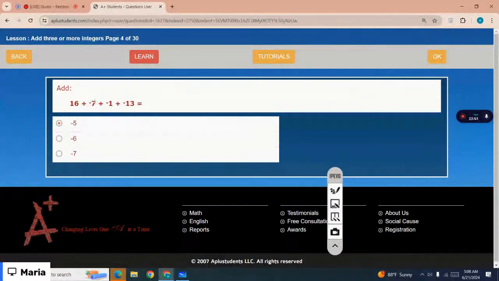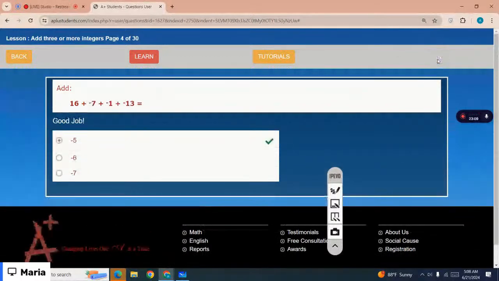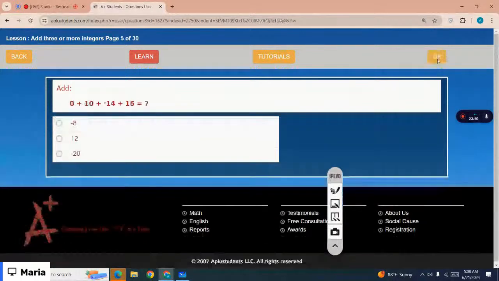Just add all these numbers with a negative sign, right? Negative 13, negative 1 and negative 7 makes negative 21, and negative 21 plus 16 makes negative 5. So the correct option is negative 5. Next, 0 plus 10 minus 14 plus 16.